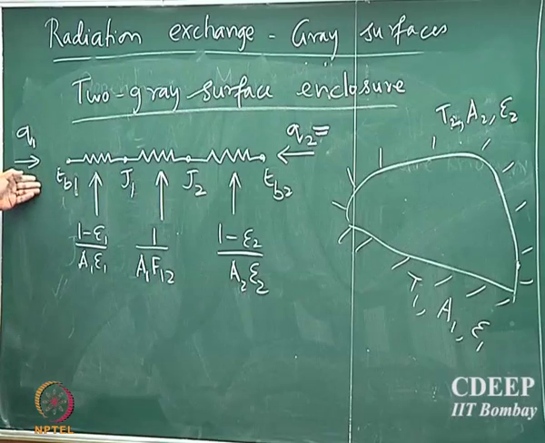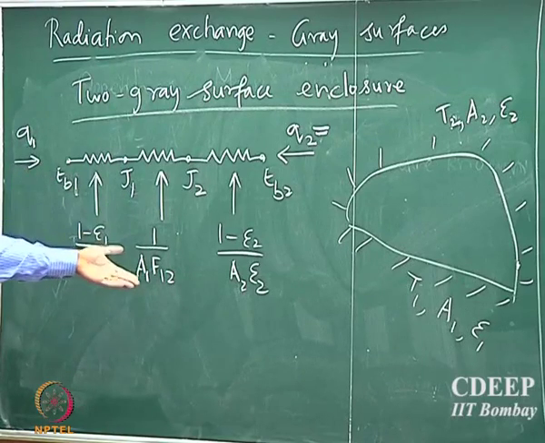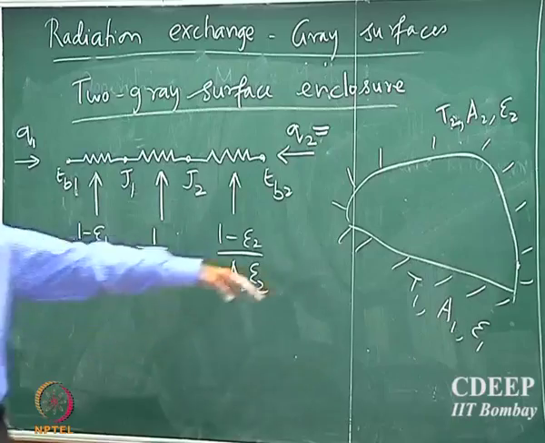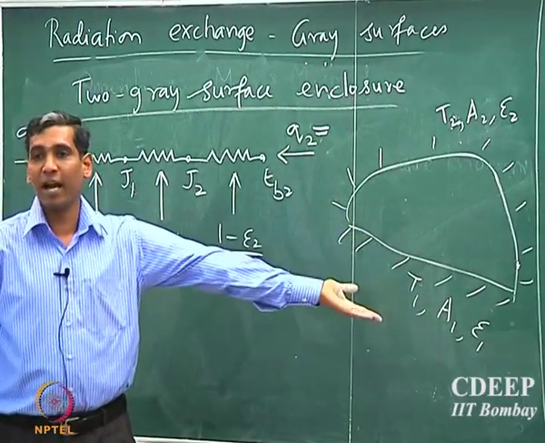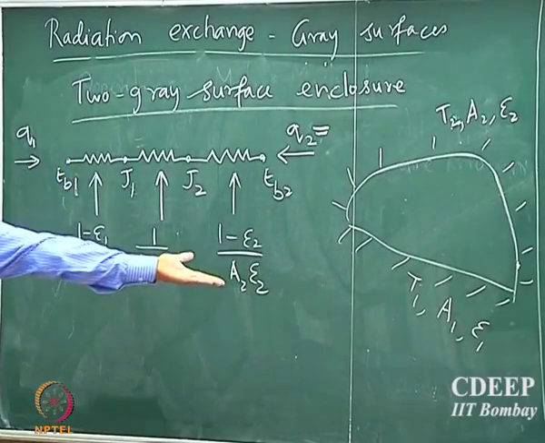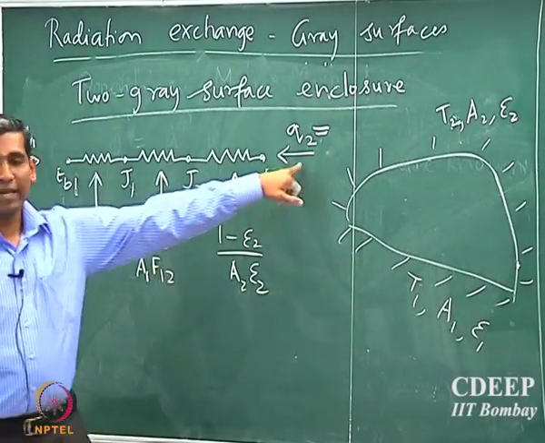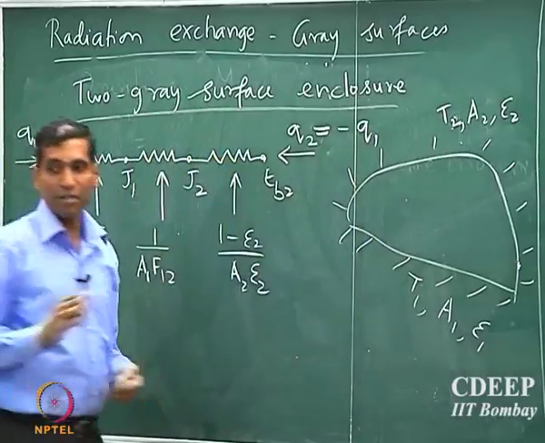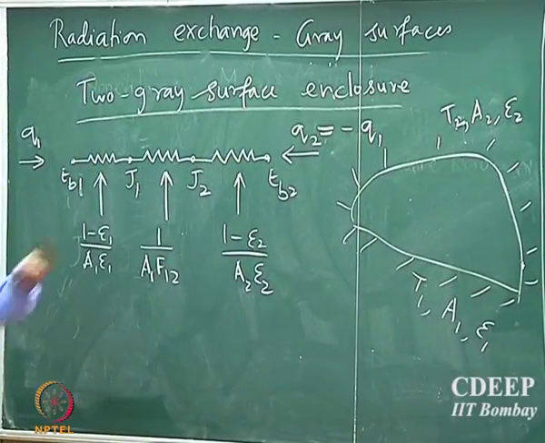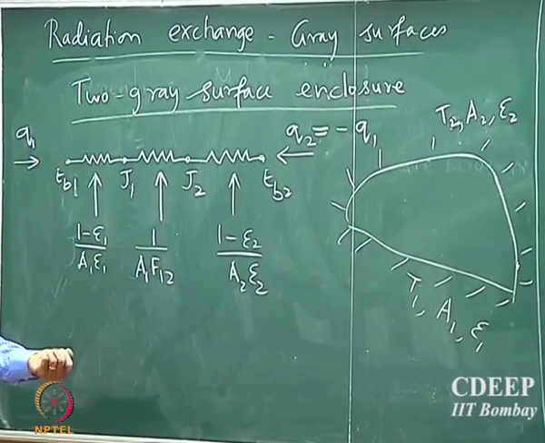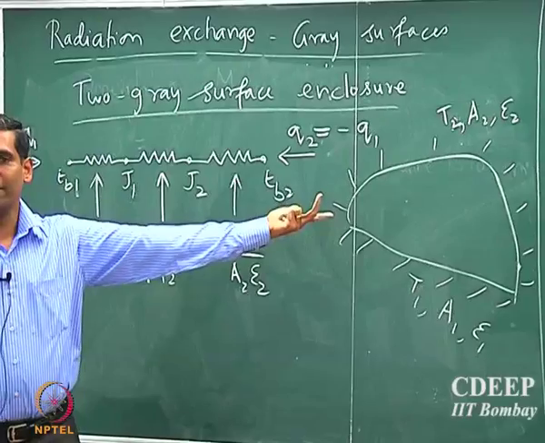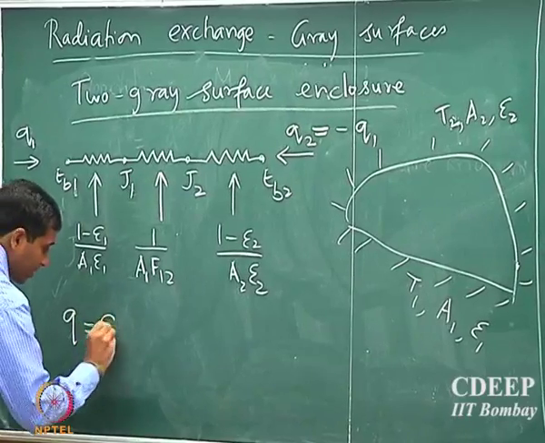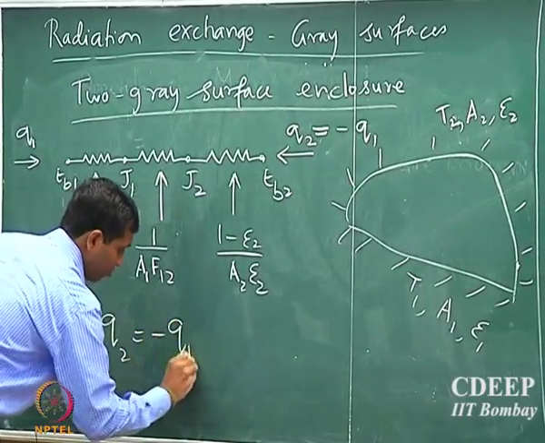Q1 is the amount of heat either released from surface 1 or supplied to it in order to maintain a constant temperature. So, what should be Q2 then? It will be minus Q1, right, because there are just two surfaces, and both are maintained at constant temperature. So, from simple energy balance, Q equal to Q2 equal to minus Q1.